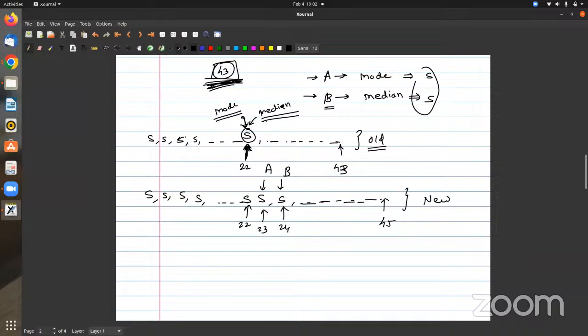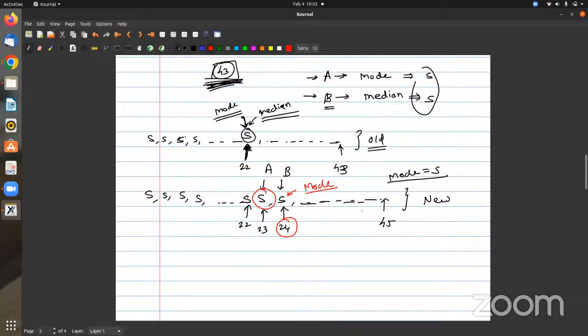For my old data set, my mode was S and median was S. Now for my new data set, what is my mode? S also. Why? Because out of 45, if there are 24 people who have S, then definitely it is the mode.